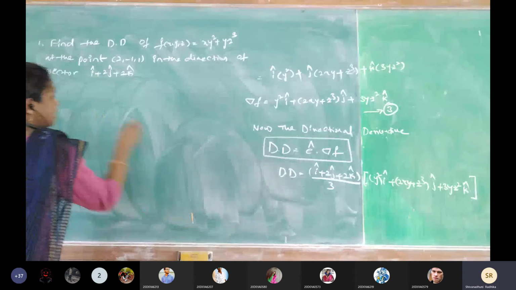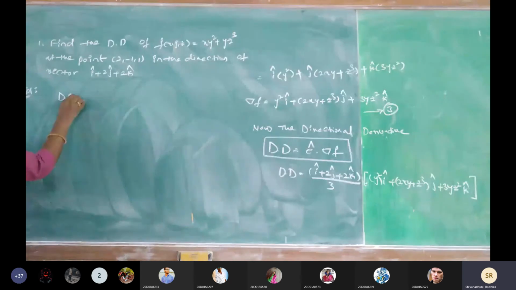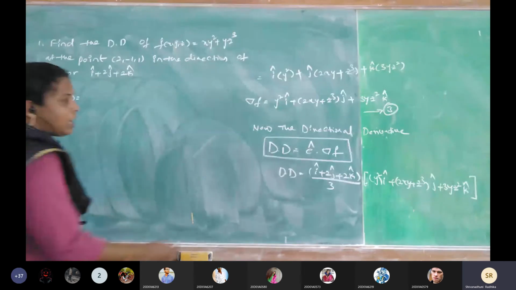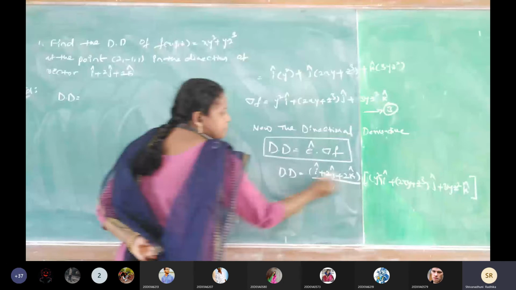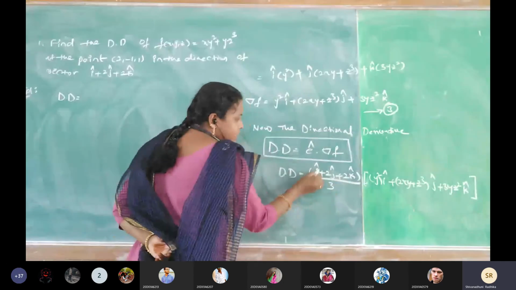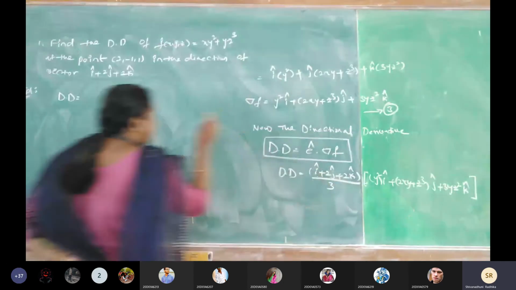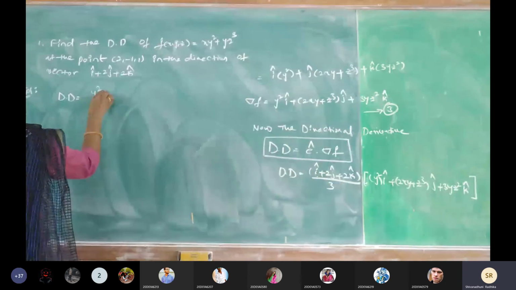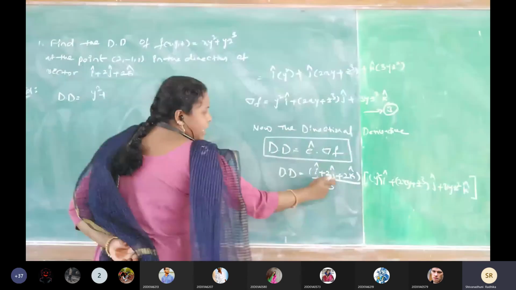Next, here the directional derivative is equal to i dot i, which is 1. Coefficient of i is 1, 1 into y² is y², plus j dot j.